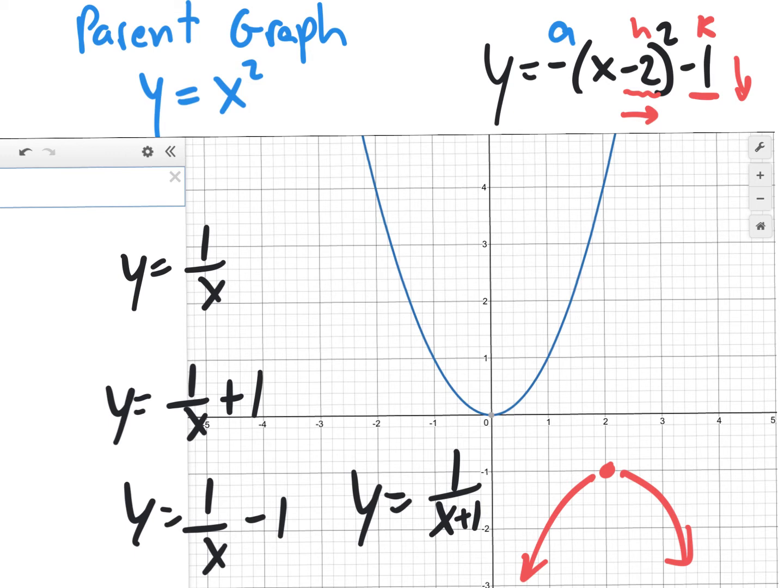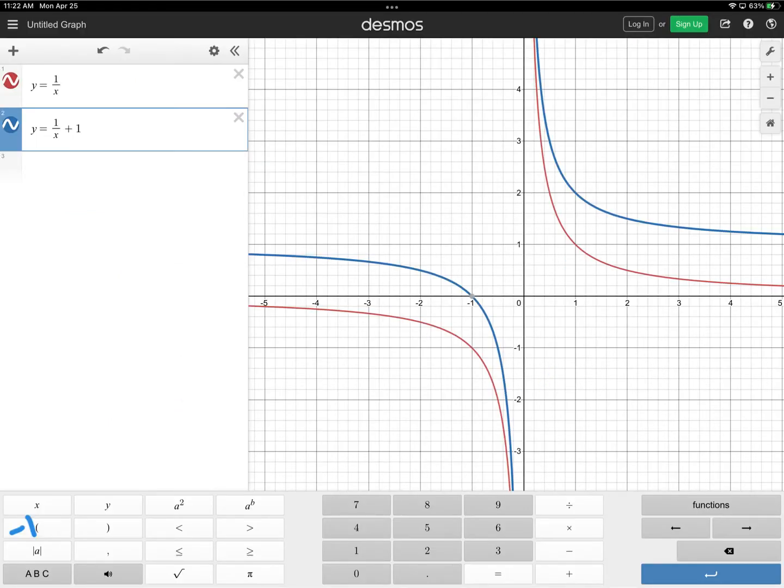So let's take a look. I graphed both right here on Desmos, y equals 1 over x, and then I simply put a plus 1 at the end. So the red one is the parent graph, the blue one has the plus 1 at the end.